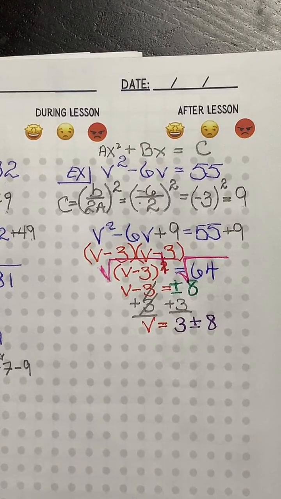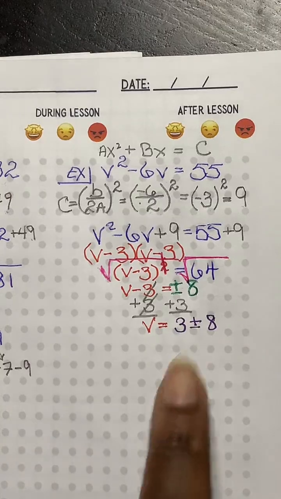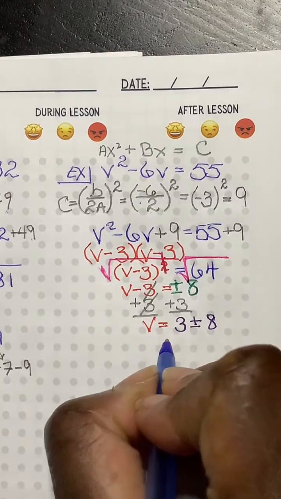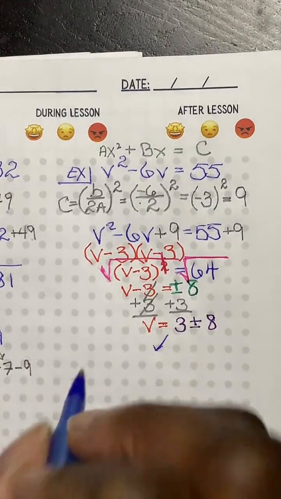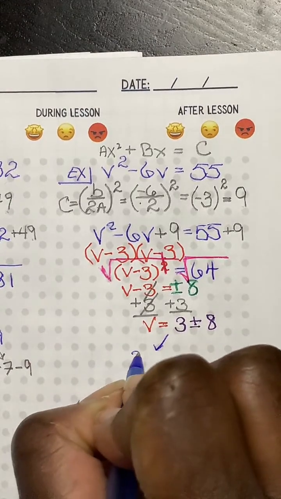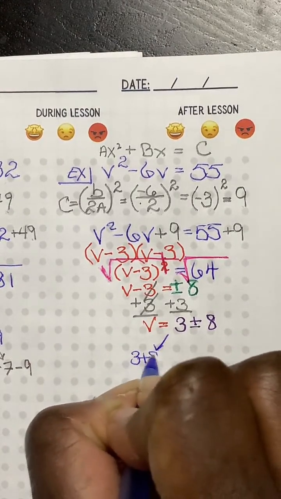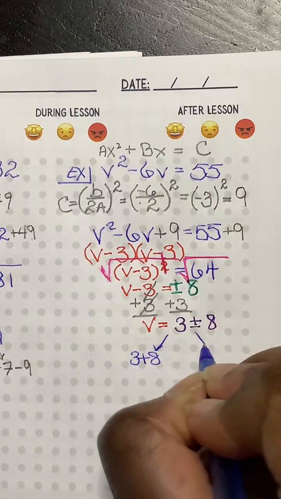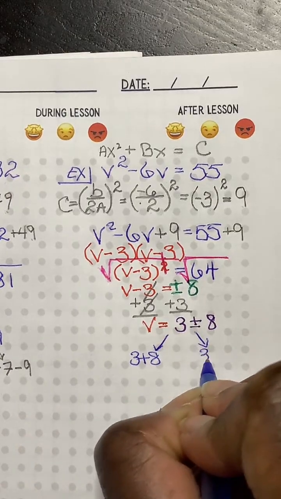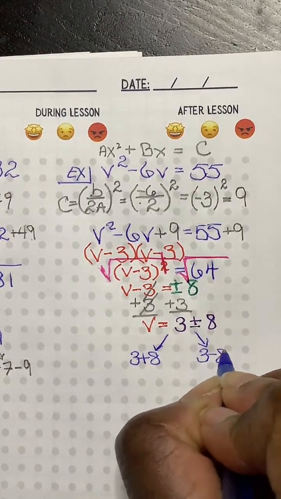Now, you have 2 solutions. One of those solutions is 3 plus 8. And the other solution is 3 minus 8.